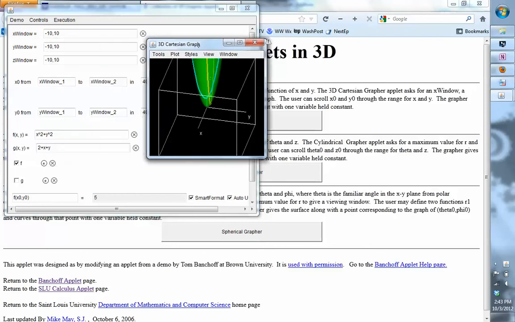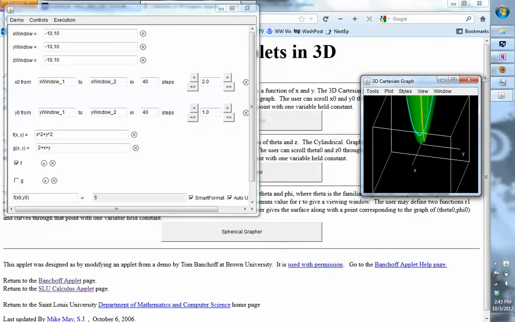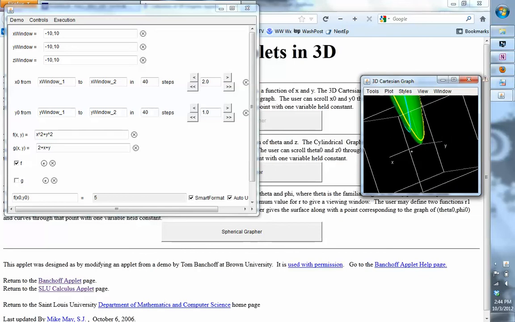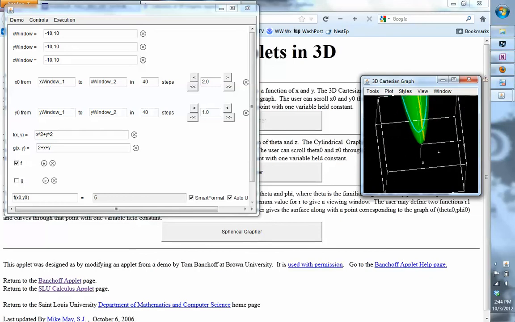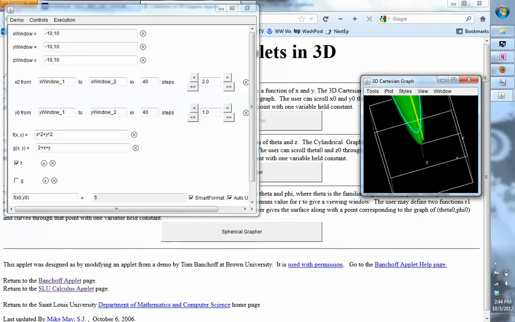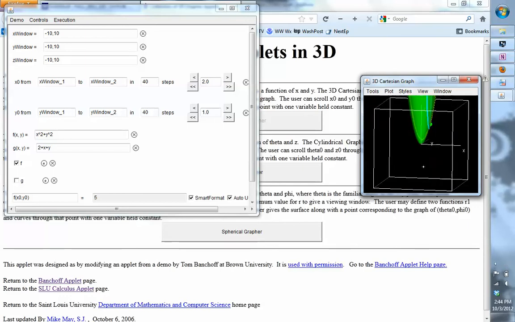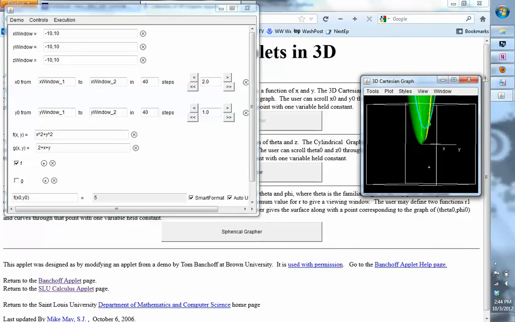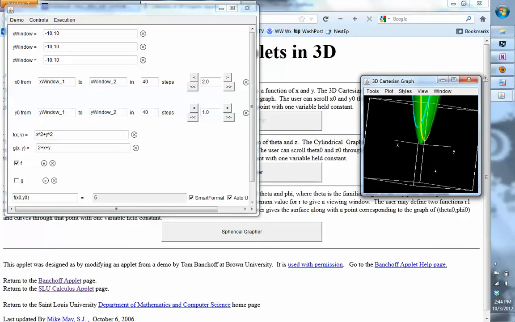Okay, so this default function is just a paraboloid, x squared plus y squared, right here. And if you remember, one of the nice things about this application is it shows you the traces in the x and the y direction. For example, the yellow curve is the trace parallel to the x-axis, and the blue curve is the trace parallel to the y-axis.